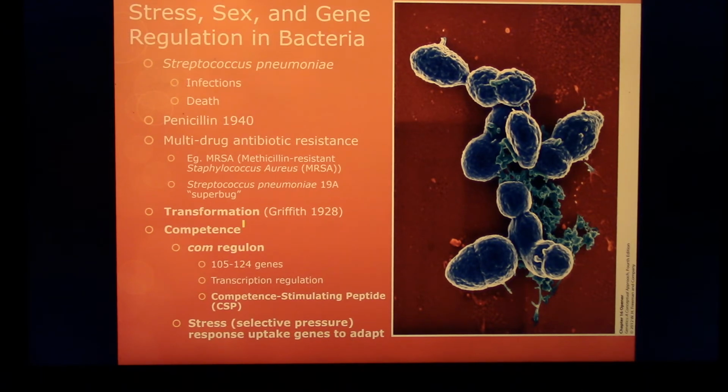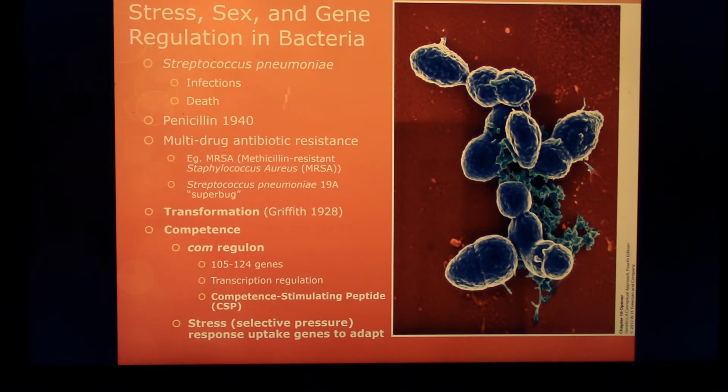So their phenotype can be changed. As you'll recall from that experiment, there were smooth and there were rough strains of bacteria, not strands. That's for DNA and RNA, but strains, S-T-R-A-I-N-S. So there are two different strains of bacteria that are the name Streptococcus pneumoniae.